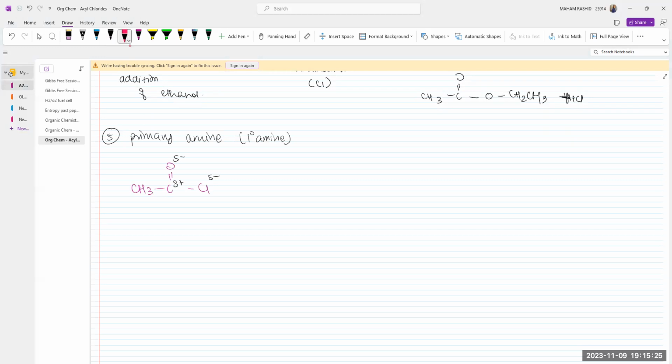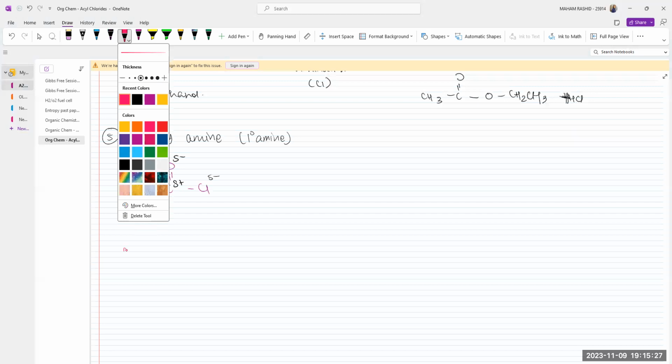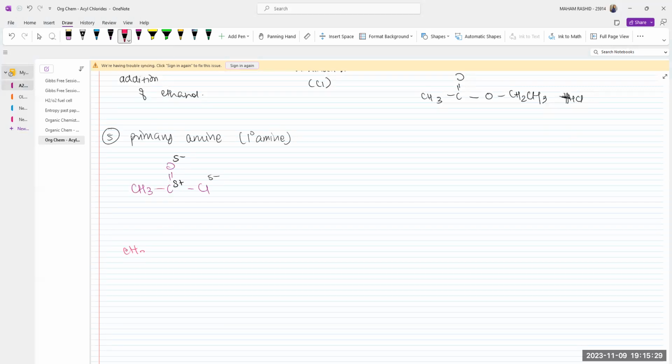Okay. Primary amine is going to get added. CH3 NH2, and yes, this is your primary amine because one hydrogen has been replaced by a methyl group. Okay. Now this is going to get added in the first step.